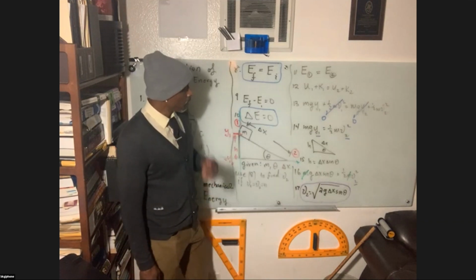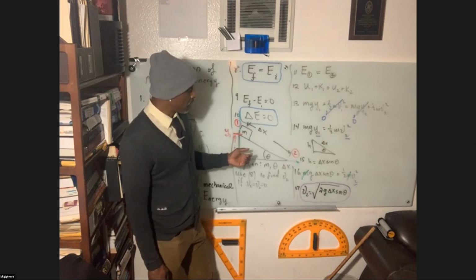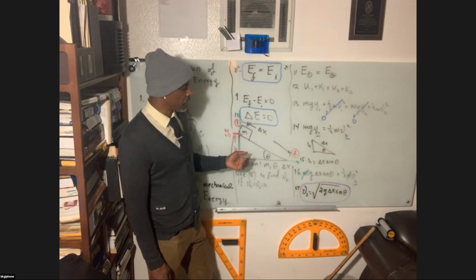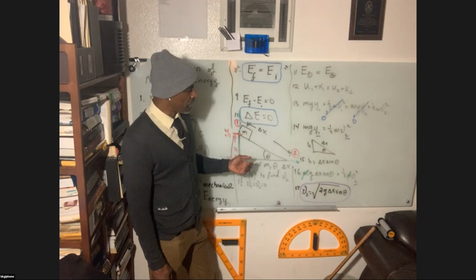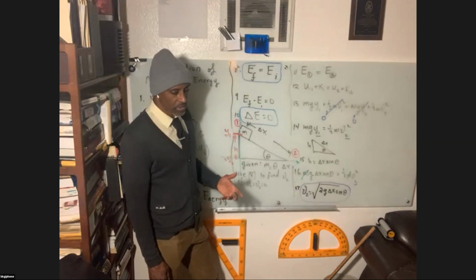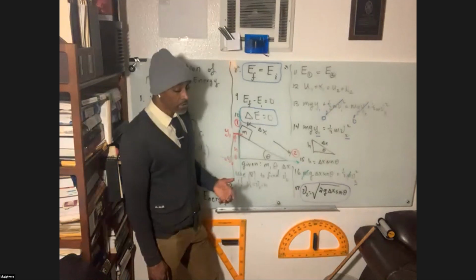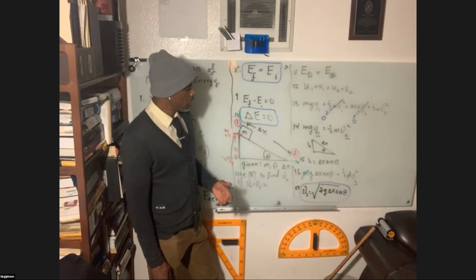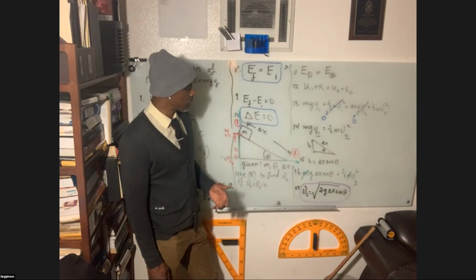But when friction is there, some of that mechanical energy will be converted to heat. So we're going to have less mechanical energy converted into kinetic energy when we get down to the bottom. So it'll slow it down. Now, the book teaches you how to deal with that in a specific way, but I'm going to teach you a different way.